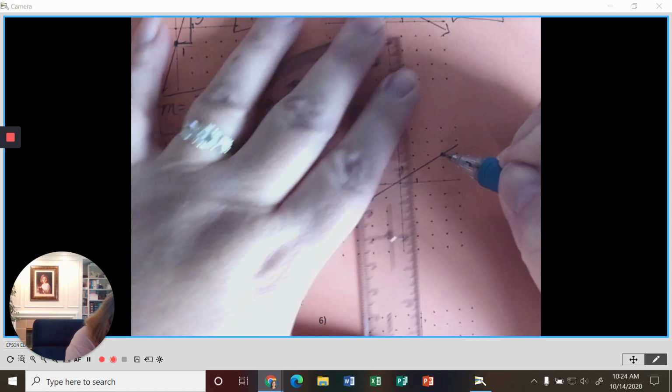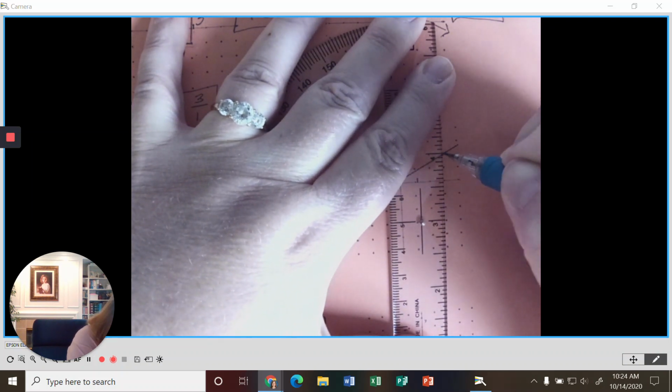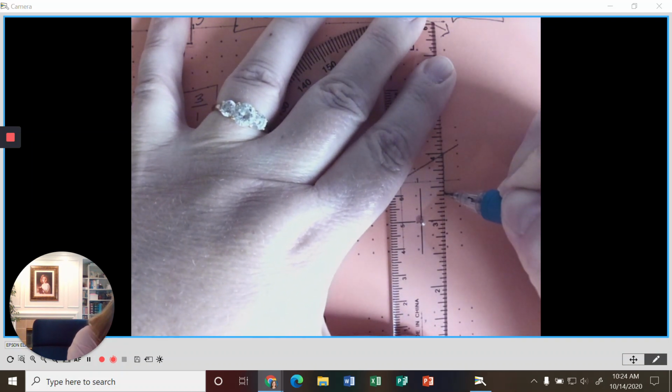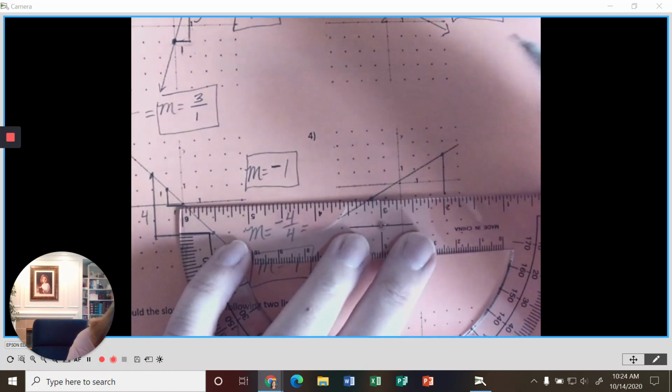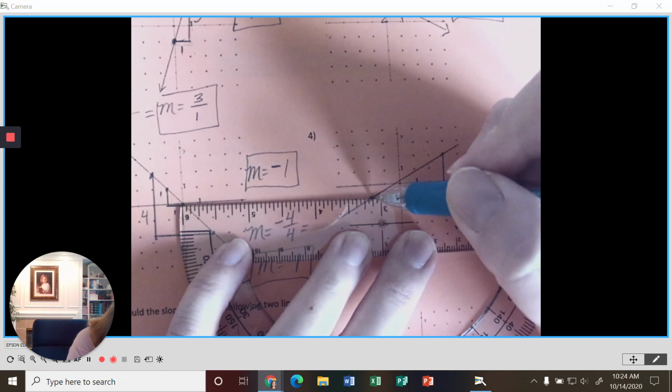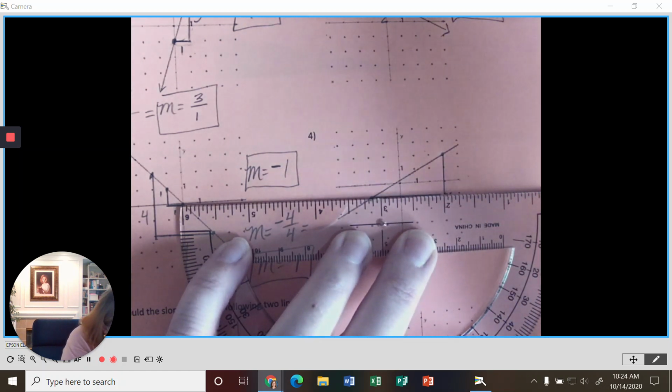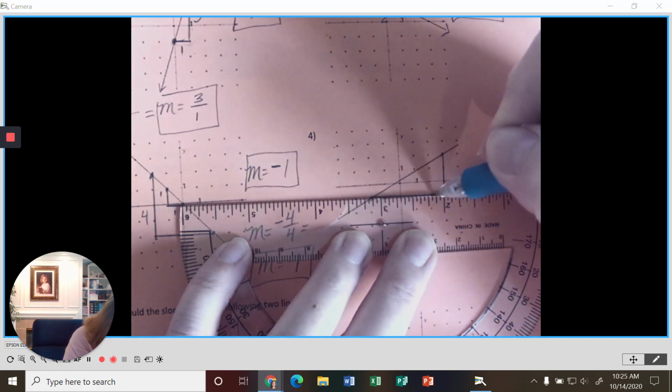Oops, I have my protractor upside down. Okay, it would help if I didn't break the lead on the pencil, but there we go.